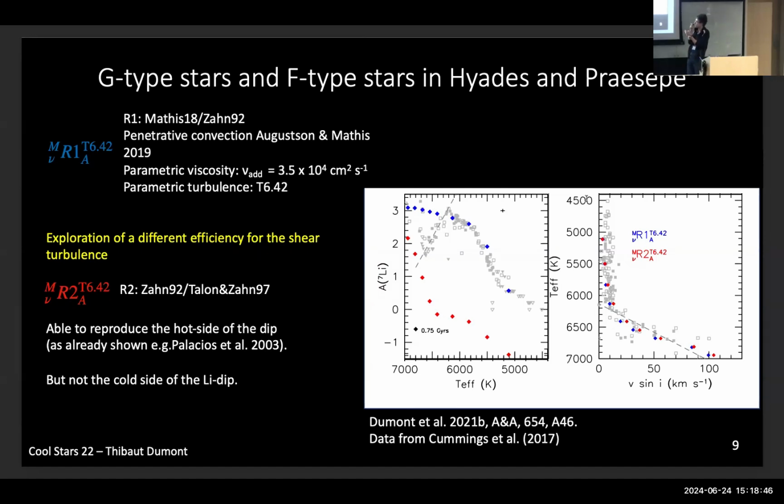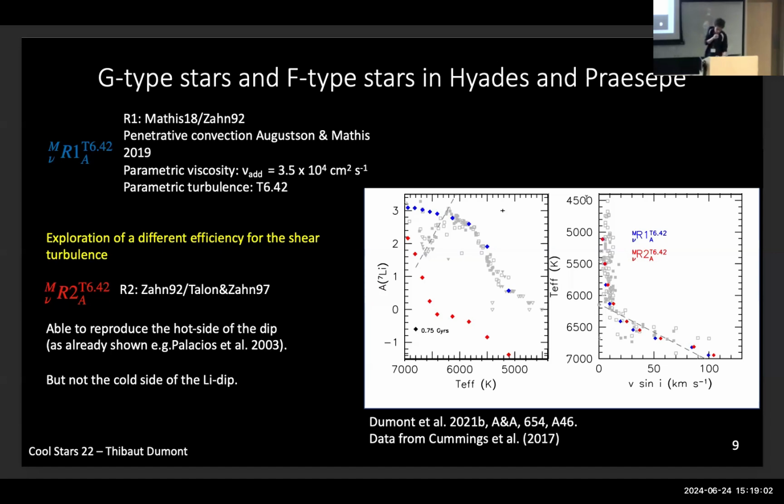So what I did here, depending on the prescription for rotation you use, you have different efficiencies. I tested one of the strong efficiencies to reproduce the lithium depletion, but you see here that you are more or less wrong everywhere.